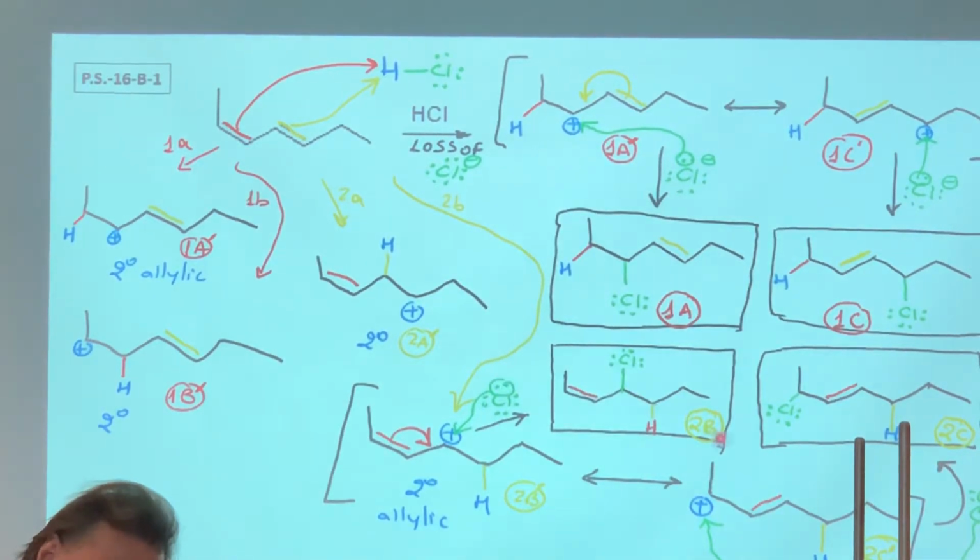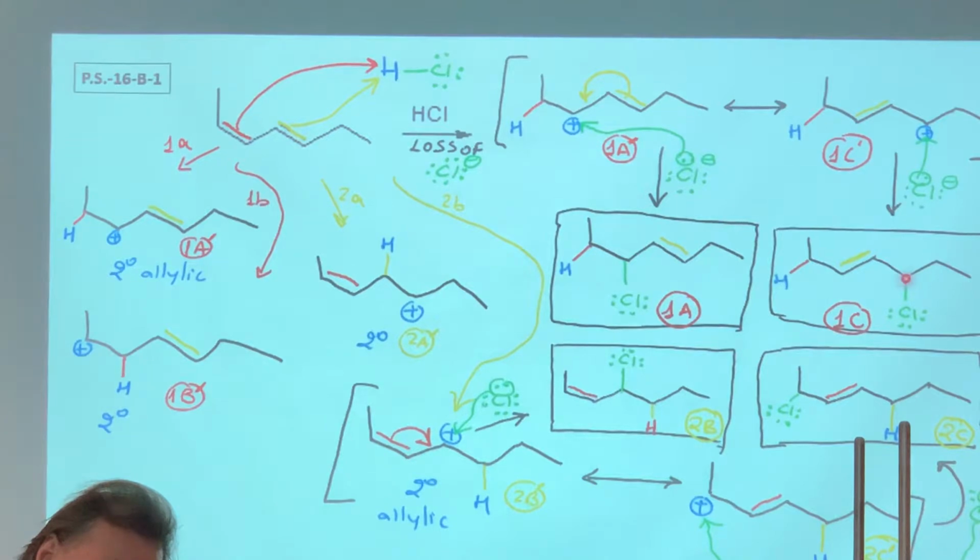Okay. So in other words, 2B is 1, 2, 3, 4, 1, 2, 3, 4, so the chlorine is on 4 in either direction. And this is 1, 2, so definitely they're different. Here's 1, 2, 3, and here's 1, 2, 3, so the same. The rest is just hydrogens, but the double bond, right?